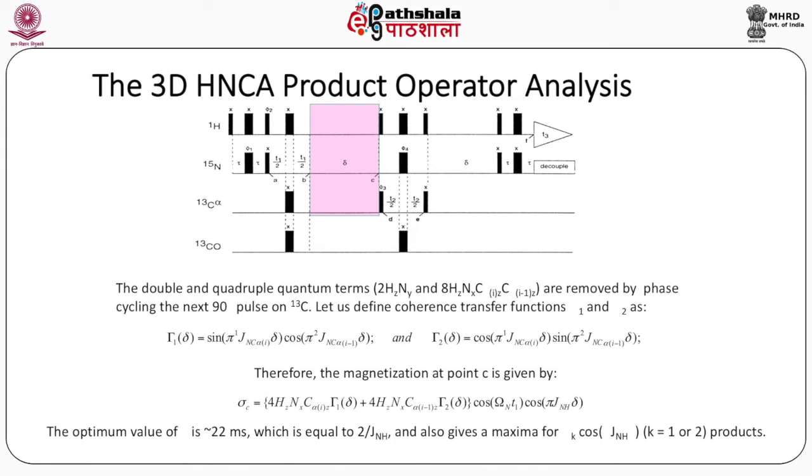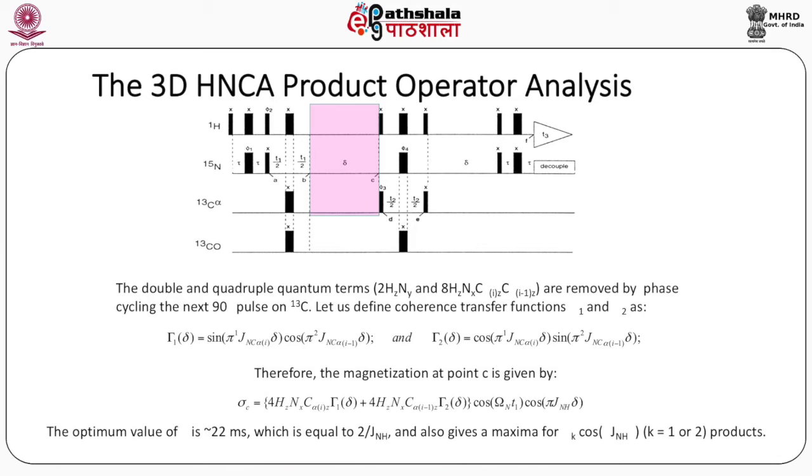The double and quadruple quantum terms 2Hz Ny and 8Hz Nx C alpha Iz C alpha I minus 1 z are removed by phase cycling the next 90-degree pulse on C13.